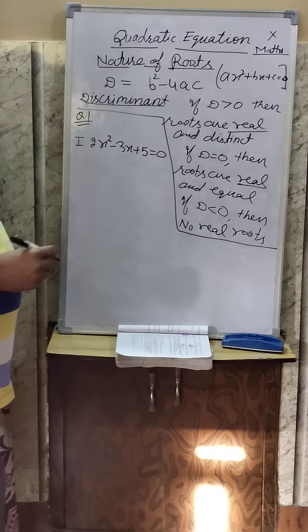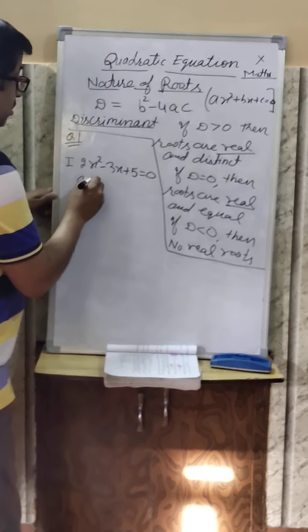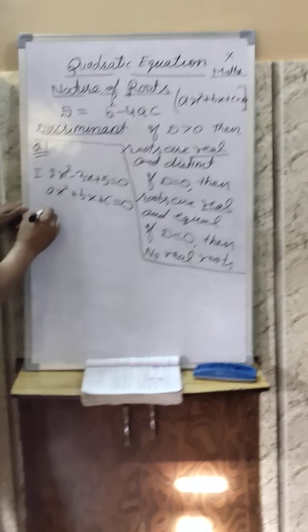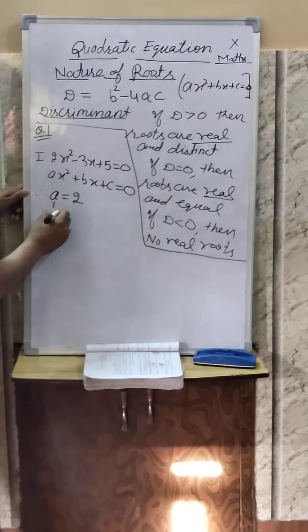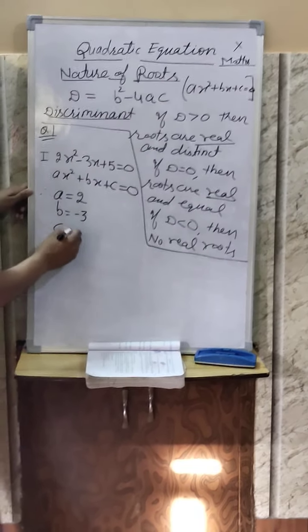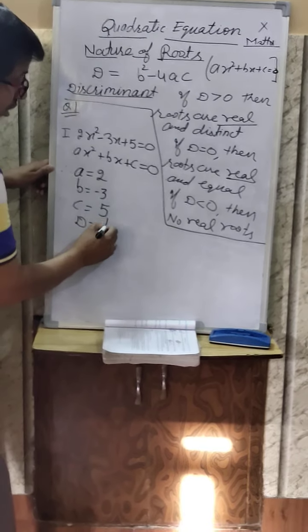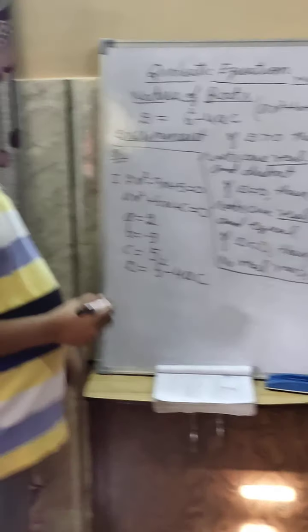So what you will do? First, you compare with standard equation, general form, ax square plus bx plus c equal to 0. So therefore, a is equal to 2, b is equal to minus 3, c is equal to 5. So you find out D, that is b square minus 4ac.